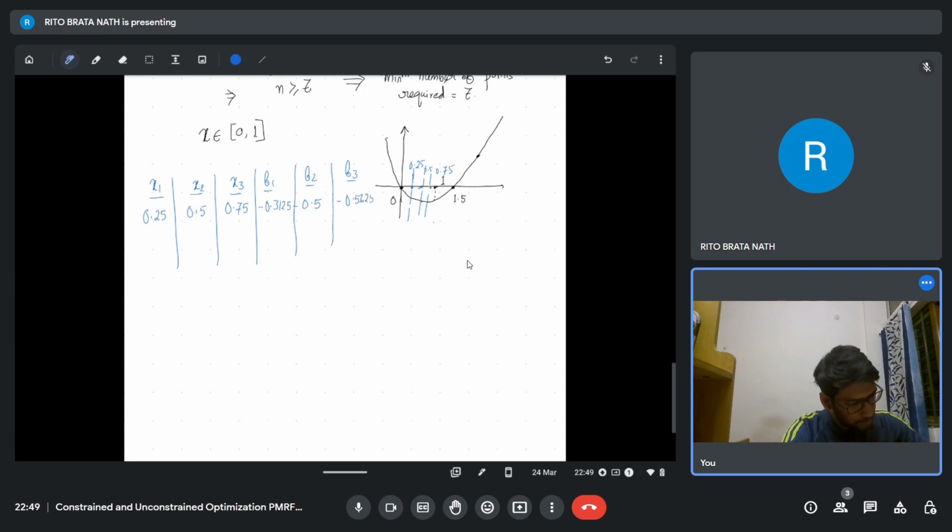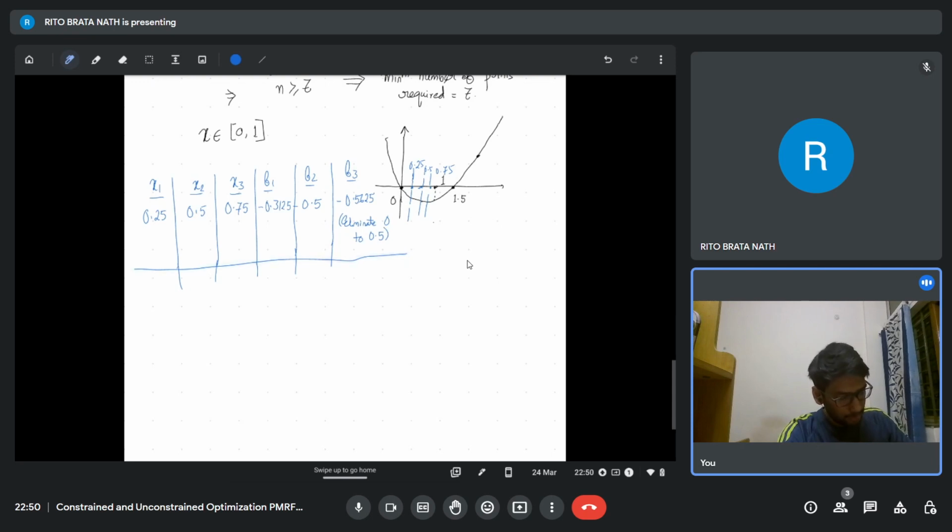So it has a decreasing trend even after 0.75. So what you can say for sure is that you can eliminate this region, which is 0 to 0.5, in the first iteration of the interval halving method. So you can say eliminate 0 to 0.5.